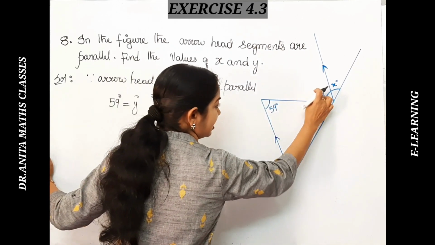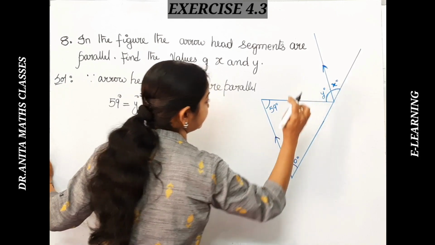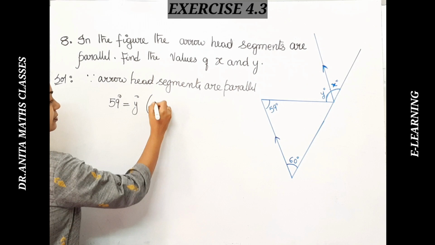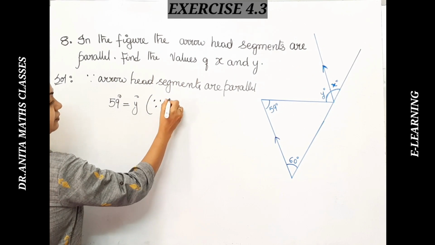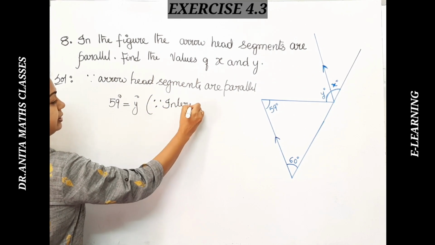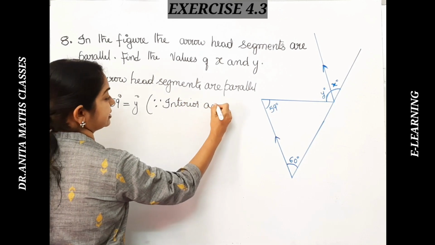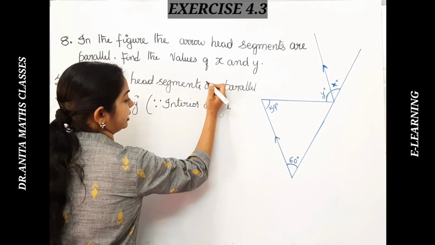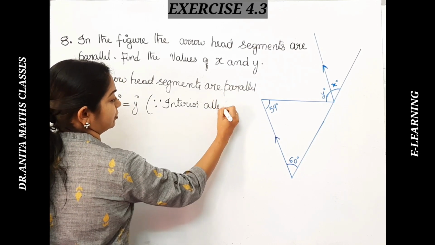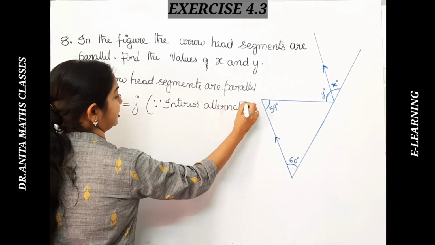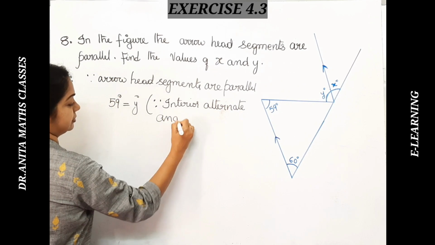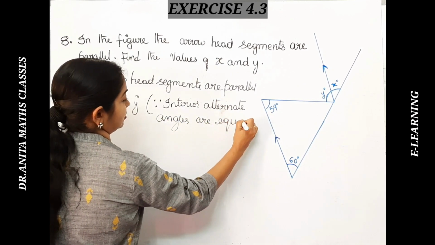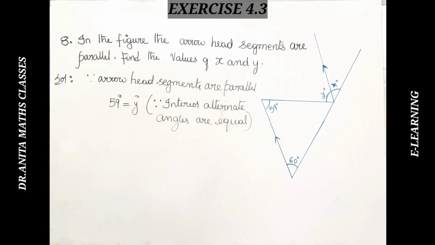This and this form the alternate interior angles. They are equal. Why are they equal? Alternate interior angles are equal. So we got the y value.